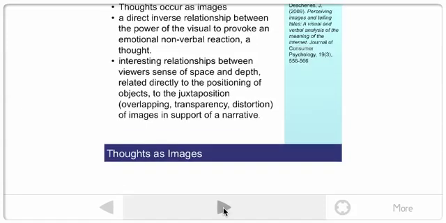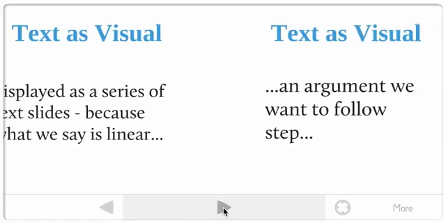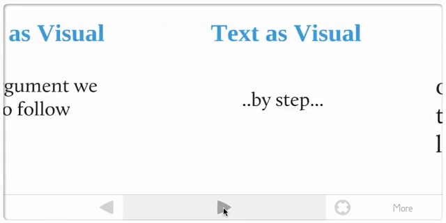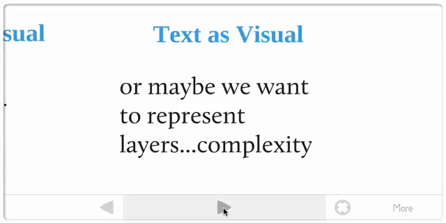So I took a slightly different turn and suggested that text itself is a visual, that there are times when one wants to display a series of slides because the argument that one's following is essentially a visual step-by-step one, but that one of the advantages of tools such as Prezi is that it does allow you to represent text in terms of its visual positioning, its overlay, its juxtaposition with other things, including of course with other text.